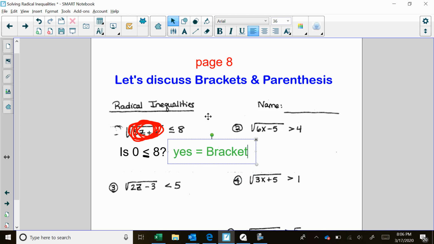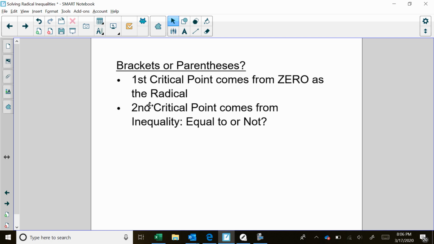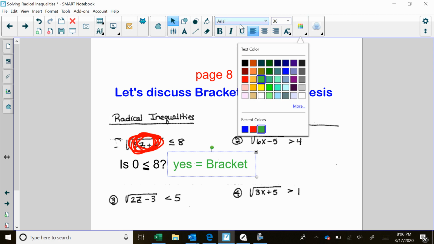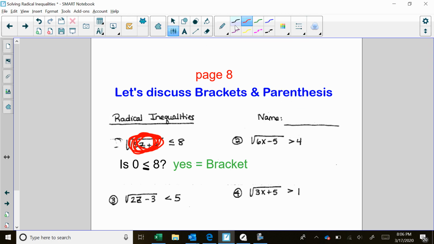So our first critical point, we'll talk about getting the critical point in a few minutes, we get a bracket. The second critical point comes from the inequality. Is it an equal to or not an equal to? Let's use the highlighter. Is this an equal to?